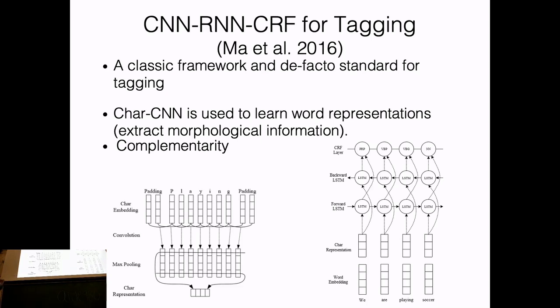Here is also another phenomenon that you should pay attention to. This work not only uses the character level CNN, they also use the word level LSTM. That means there is some complementarity between the word level representation and the character level representation. If you want to improve your systems, this is a very good solution. You can just combine these two types of information together. Most of the time, you will get better performance.